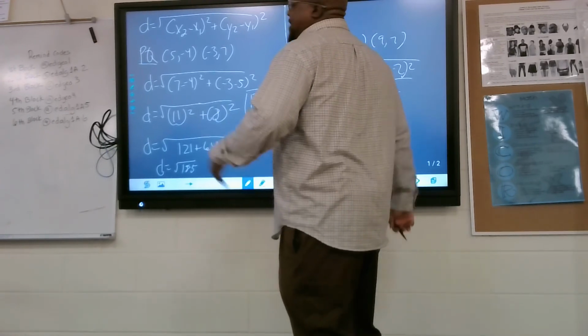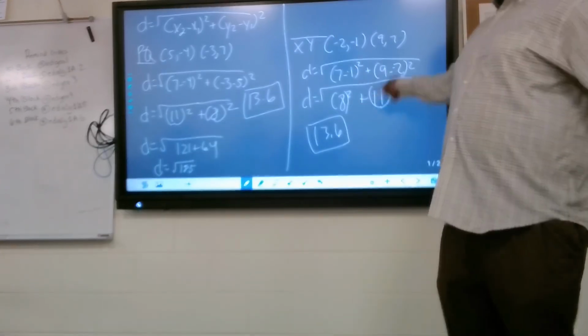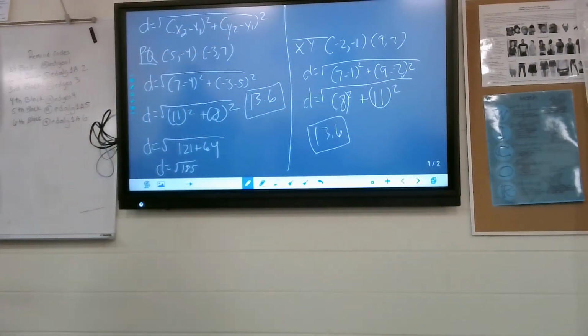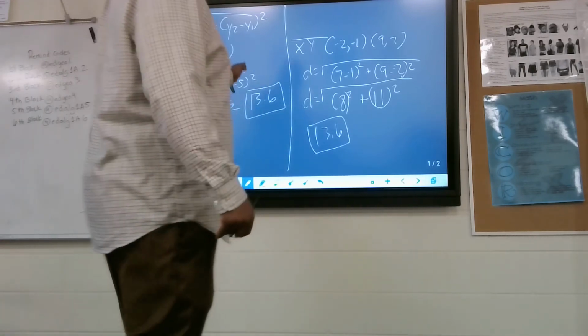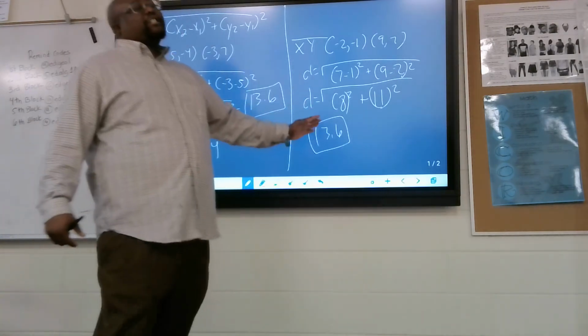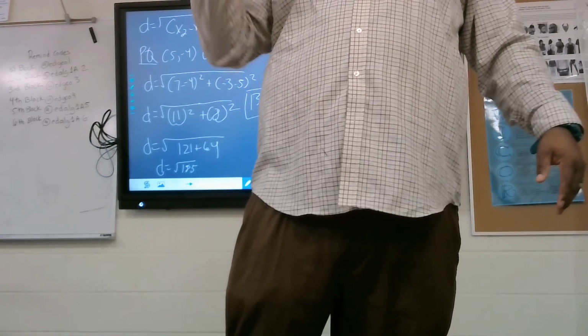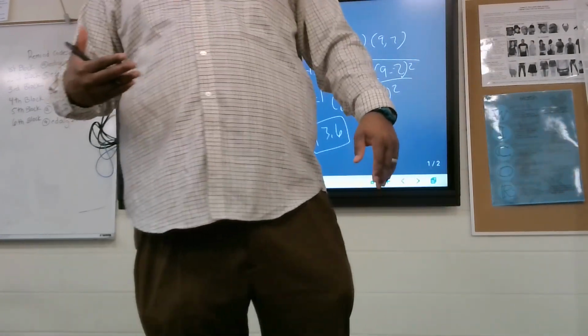Now, if you want to work everything out, you can, but sometimes you can look at something and see the result before you finish. Work smarter, not harder. Because this is 13.6 and this is 13.6, it's congruent.